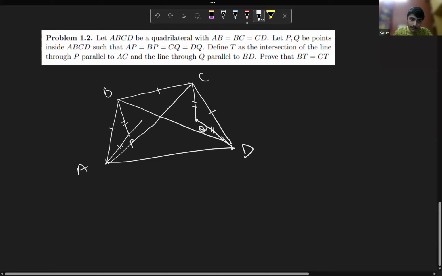Now we draw a parallel from P to AC and a parallel from Q to AD. Okay, I'll actually draw these lines in a different color. These are not collinear. These are parallel. They meet at a point T, and we want PT to be equal to TC.